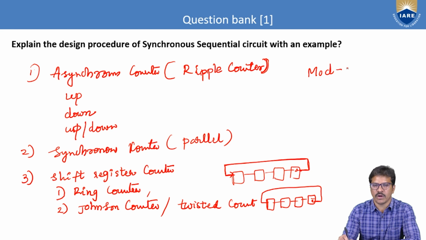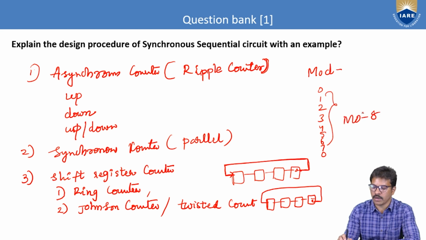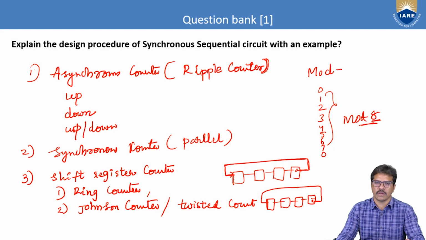For example, if I want to repeat a sequence like 0, 1, 2, 3, 4, 5, 6, 7, again 0, then we use a mod 8 counter. Based on the modulus 8 number, those numbers can be counted by the counter, then it goes back to the initial and repeats the same count.